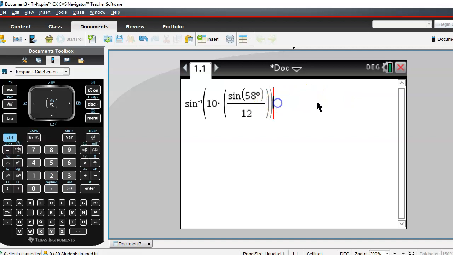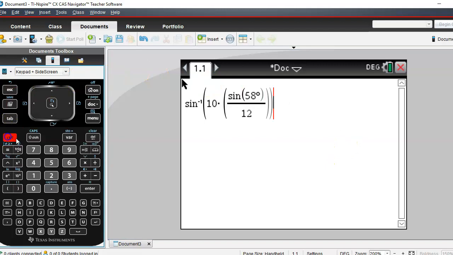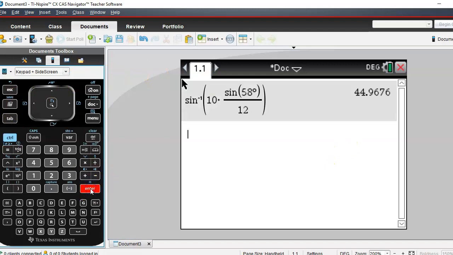It's a really good little habit to get into to make sure you're always answering that correctly. So Ctrl+Enter, always Ctrl+Enter those. So A is equal to 44.9676. It doesn't say to the nearest, so I'm going to put that to the nearest degree, 45 degrees.